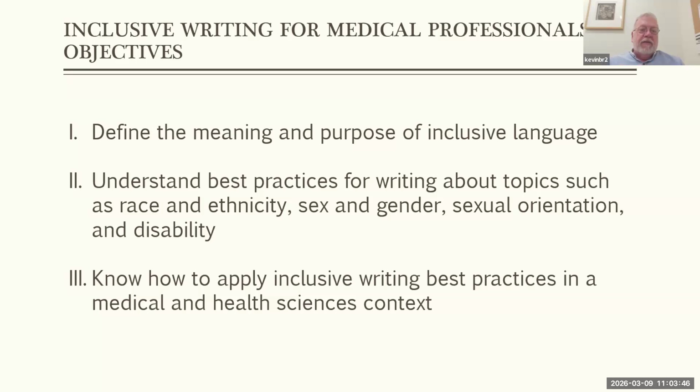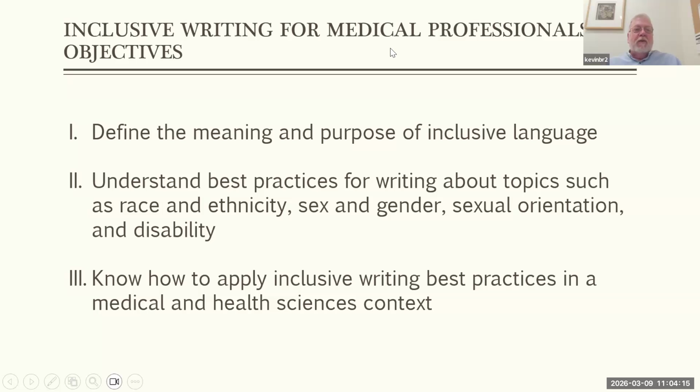And the third objective is to know how to apply these inclusive practices in a medical and health sciences context. One of the most common routes this would take is taking material from a case report or a patient encounter, which eventually finds its way into the published record, if you're writing a journal article and such.